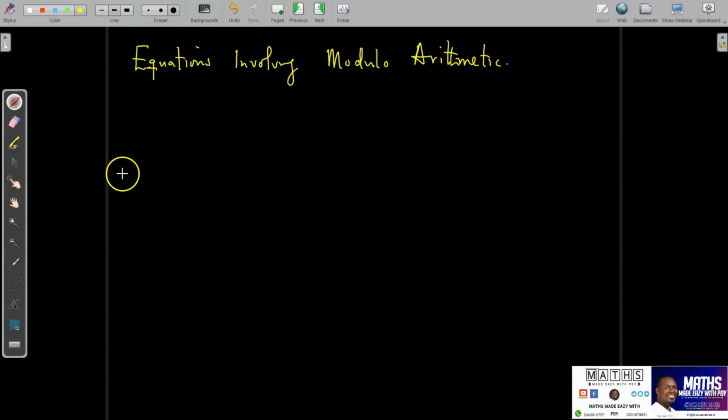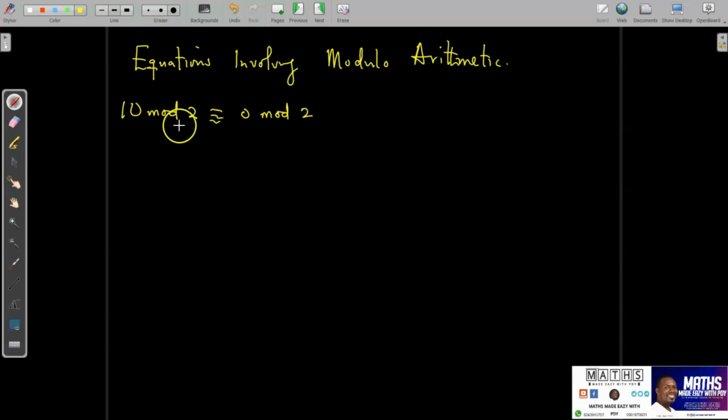So for instance, when do we have an equation? An equation is formed when two mathematical statements are linked up. So remember we learned that in modular arithmetic, if I have, let's say, 10 mod 2, it is equivalent to what answer? 0 mod 2, good.